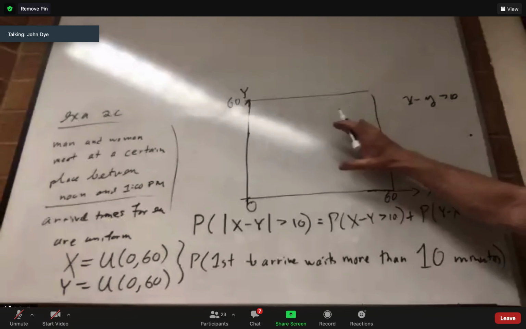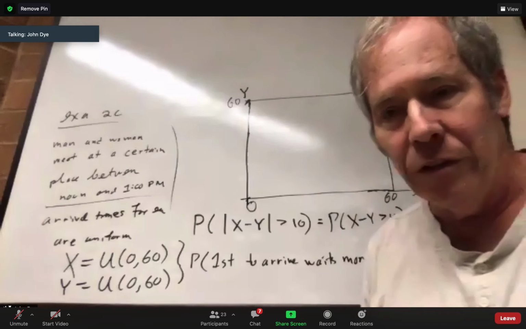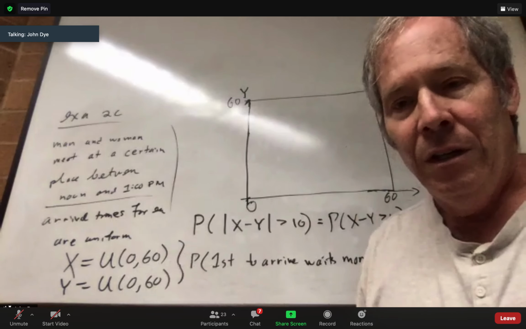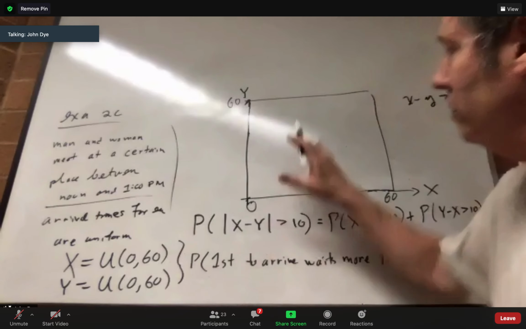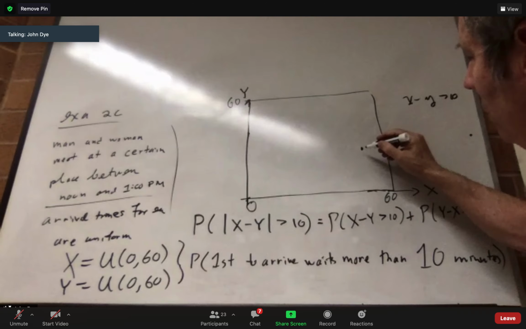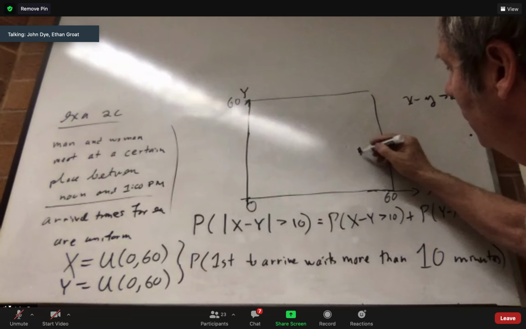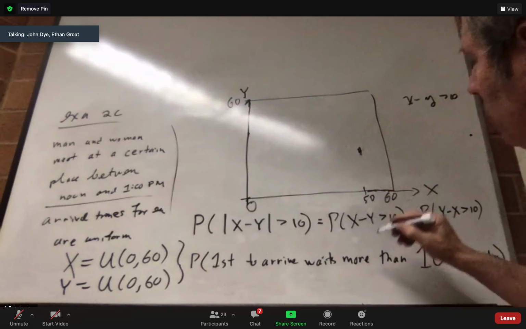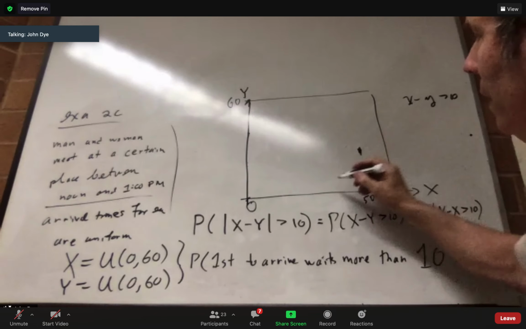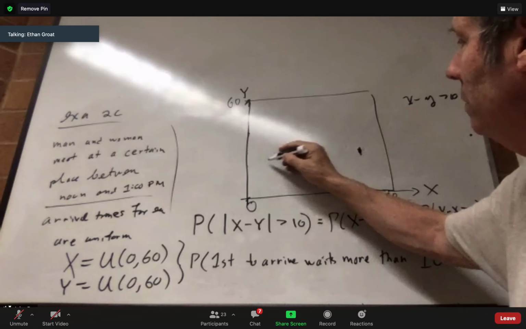This is the 2-dimensional analog of just the uniform distribution in one variable. It's like a box function, but what does that point represent? Let's say X, the man, got there at 15 minutes, and the woman got there in 20 minutes. So that's a point.